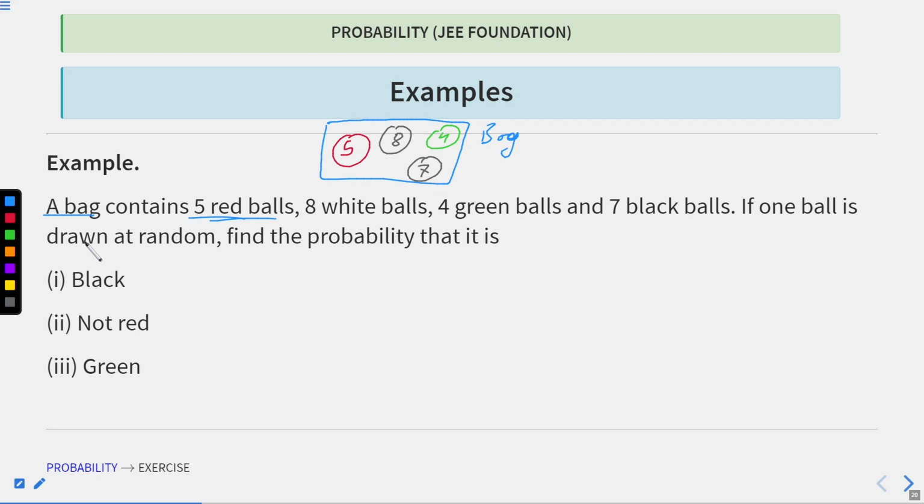I hope the representation is very clear.